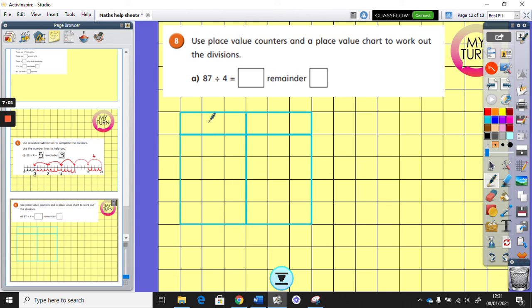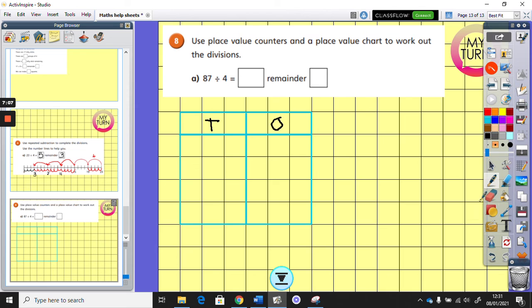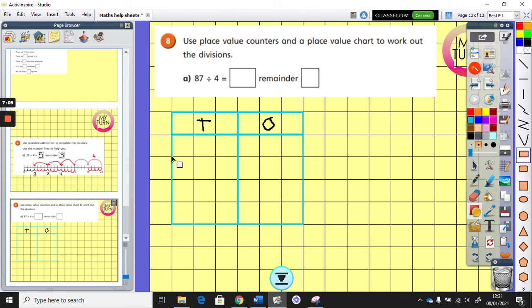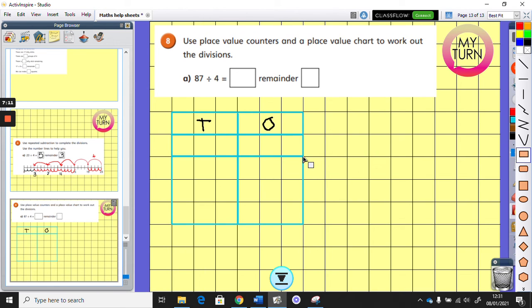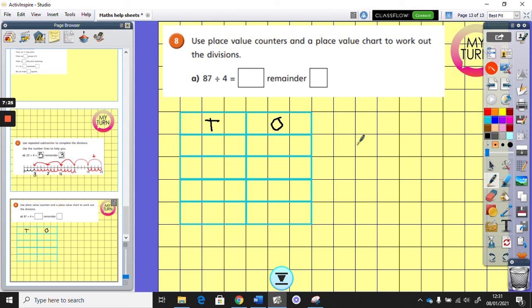So we're going to put 10s here and we're going to put 1s here. And make sure there's a line there so you can see there's 1, 2, 3, and then there's a 4th box there. 1, 2, 3, 4.